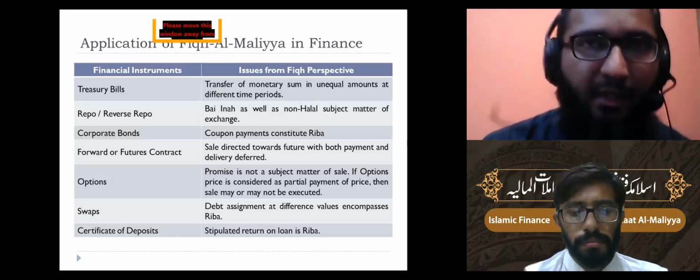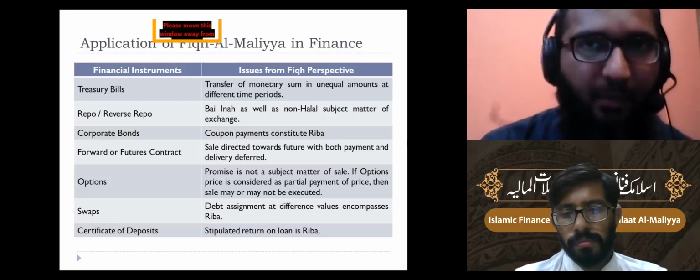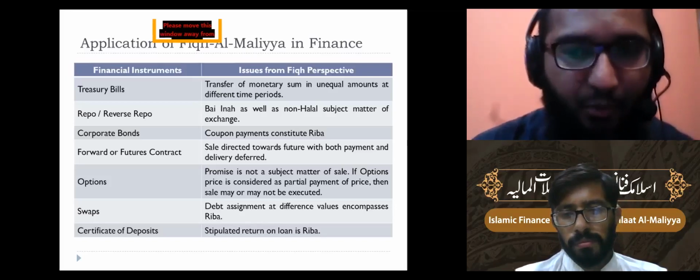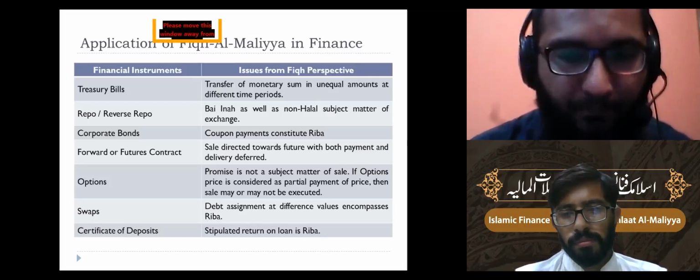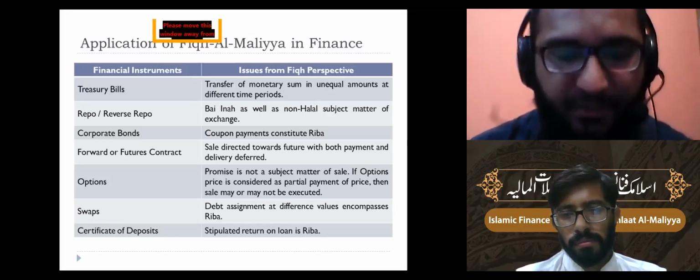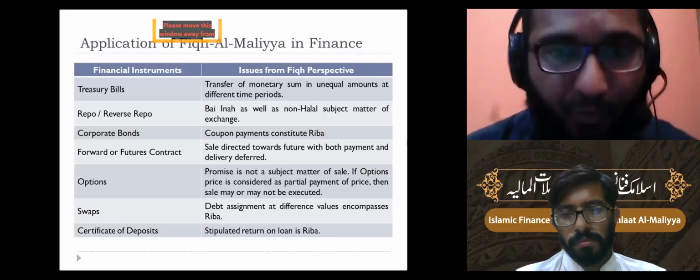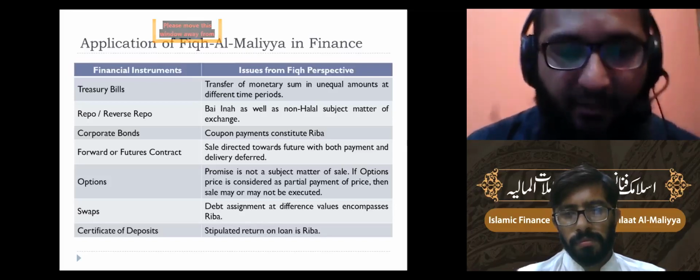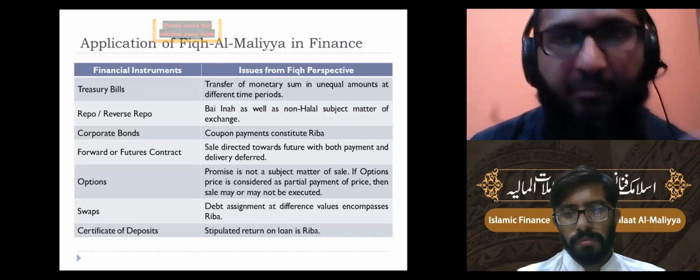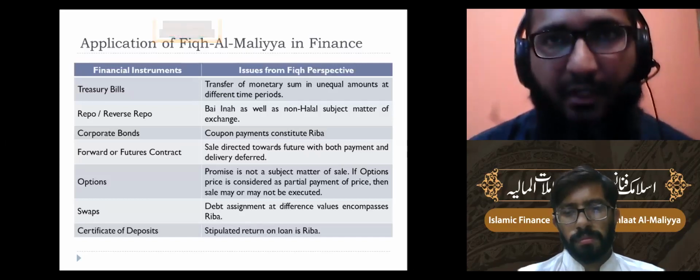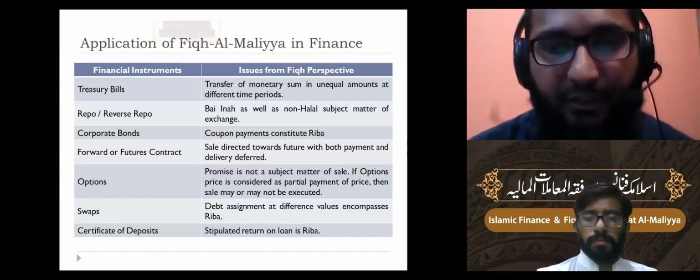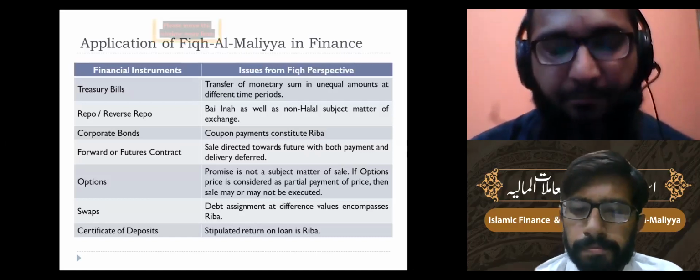So in Islamic finance, the emphasis is that Islamic rules of finance, which include the rules of sale, lease, partnership, and all the other elements, have to be followed. And then the contemporary financial need can be met using different financial instruments in Islamic finance.